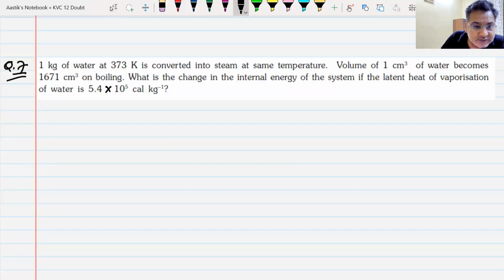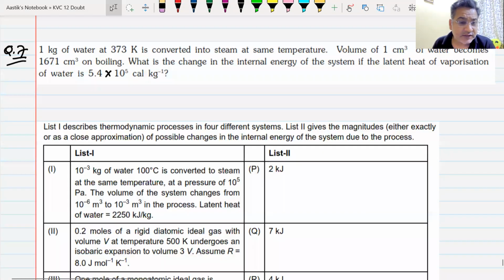This is the question that we did, and this is the question that came in JEE Advanced of the last year.